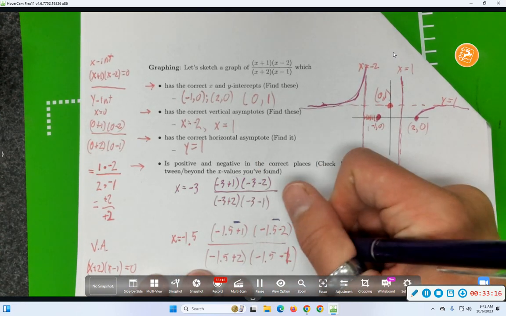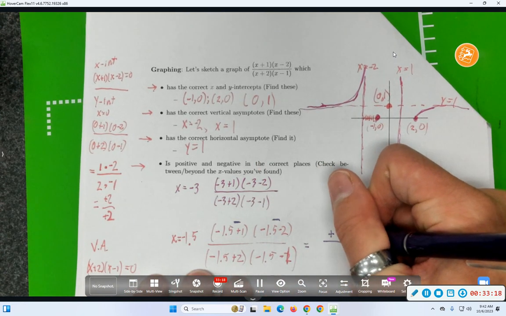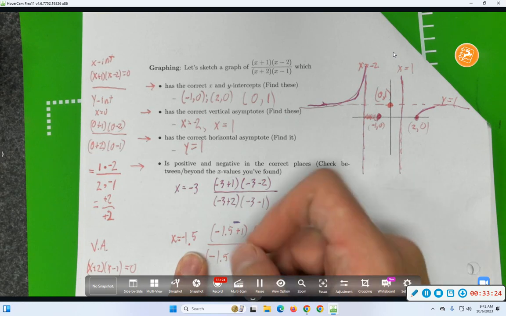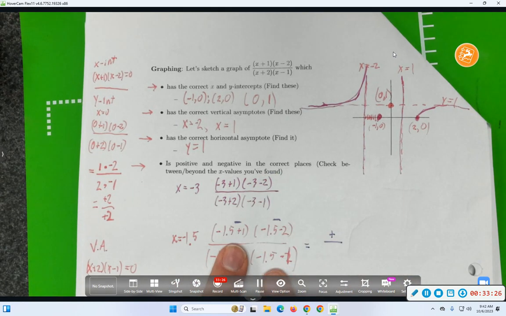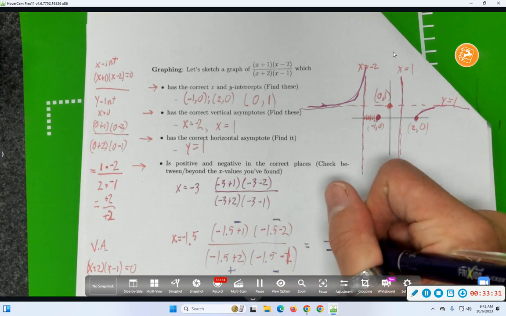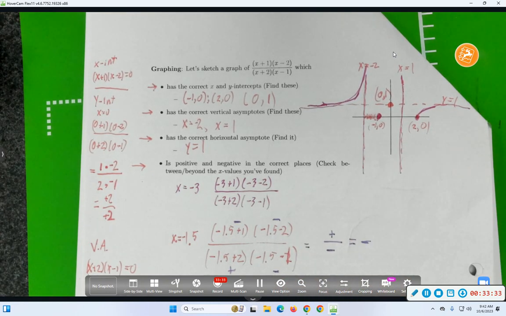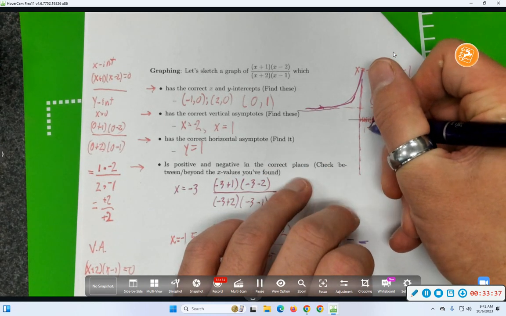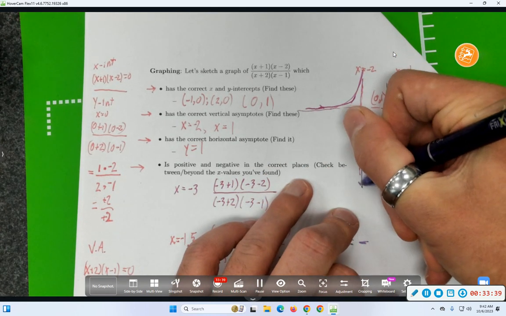Negative. So the whole numerator will be positive. Negative 1.5 plus 2. Positive, because the 2 wins. Negative 1.5 minus 1. Negative. So the whole denominator is negative. So the whole thing is negative? Oh, neat. That means it goes from this x-intercept, it has to become negative, and get to the vertical asymptote.